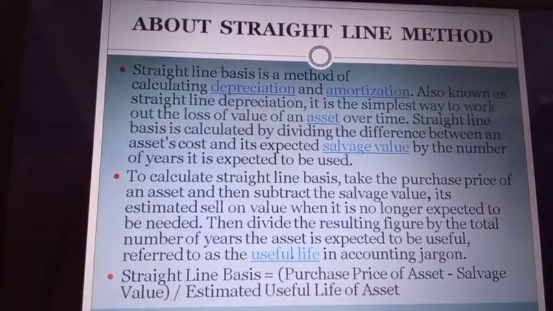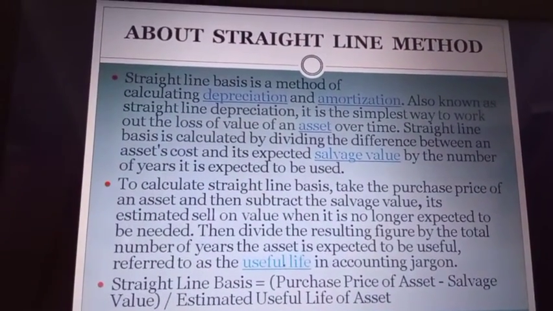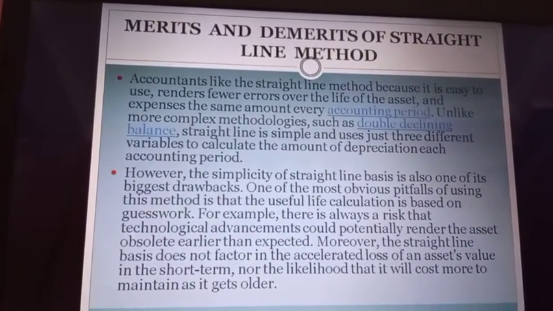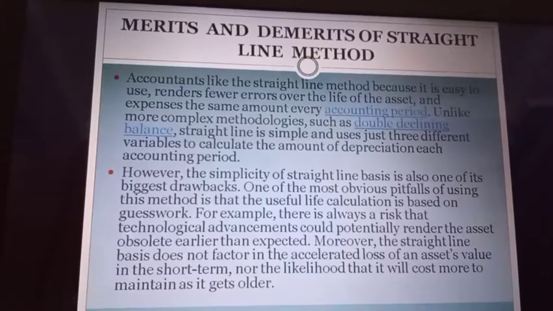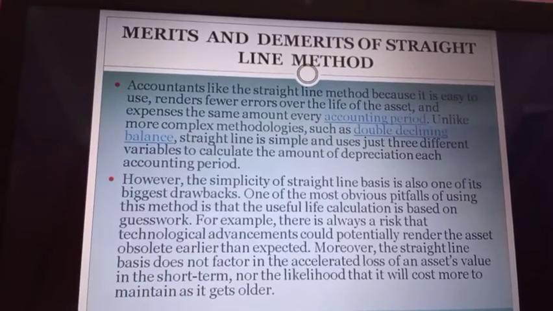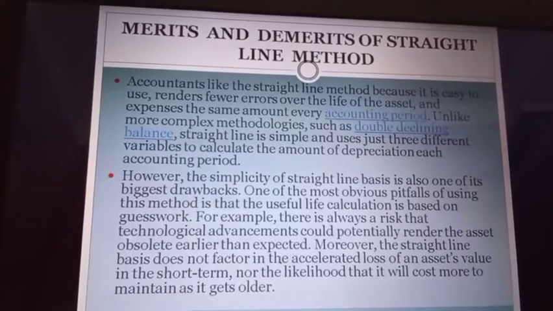Now I'll move on to the merits and demerits of it. Straight line method has no such major drawbacks. It is also very much widely accepted, as it is the simplest way of calculating depreciation.